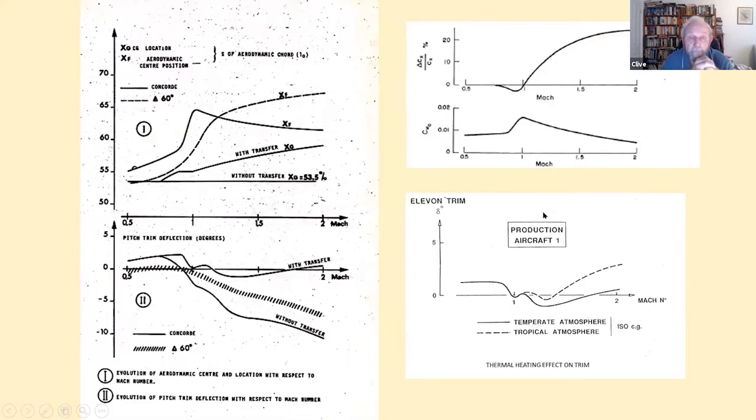The one feature that we did have, though I've mentioned trim several times, and that's because on a delta-winged aeroplane, as you go from subsonic flight to supersonic flight, the aerodynamic center moves back. On a delta, it moves back from about 53% back to somewhere near the center of area in supersonic conditions, which is about 2/3.